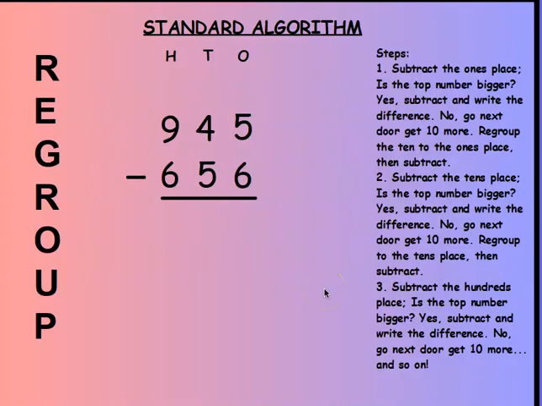Okay, so let's practice a little bit again, our standard algorithm. Remember, standard just means the usual way we do it. And the standard algorithm is the steps in the process. What we're doing is we're stacking the numbers on top of each other using our place value system. It's really important for you to make sure you line these up.